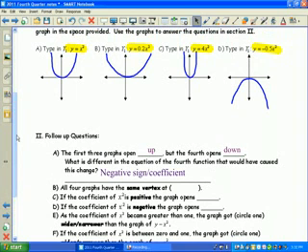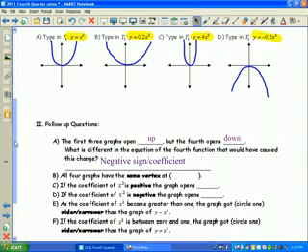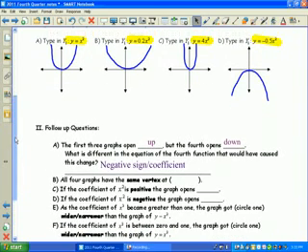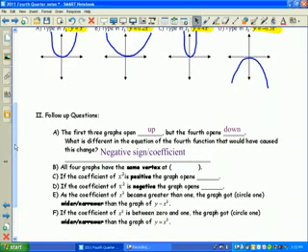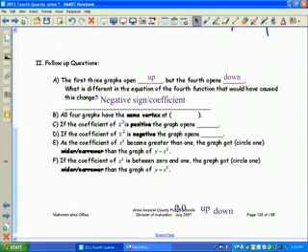So what caused that flip? If you notice, all of the first ones, A, B, C, were positive coefficients: 1, 0.2, and 4. And the last one had a negative 0.5. So that negative caused that flip, that reflection over the x-axis. All four graphs have the same vertex at (0, 0).